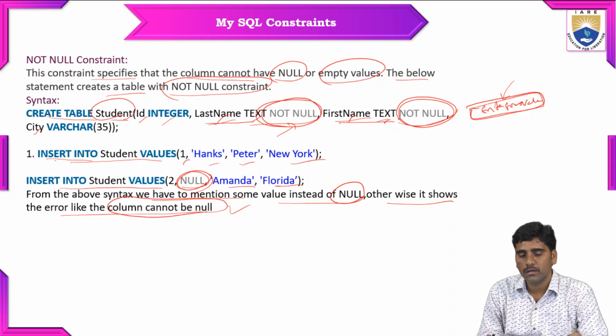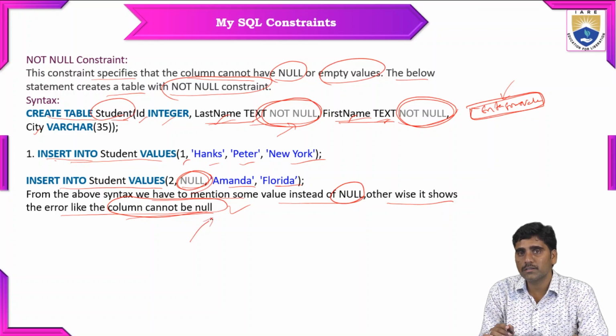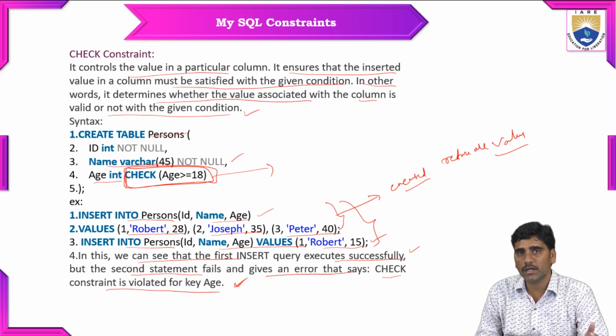That means if the last name and first name columns have any null values, then it shows an error. So definitely the column cannot be null. It shows the error like column cannot be null, which alerts you to insert at least one value into the last name and the first name.